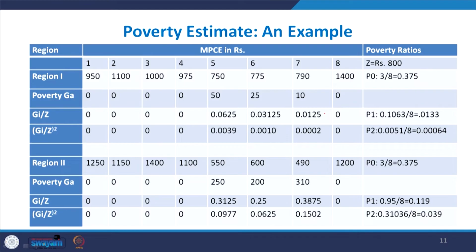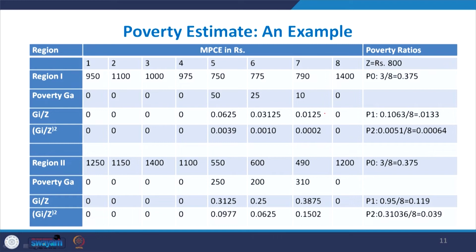And similarly in region second, we have 1250 as the monthly per capita consumption expenditure of the first household, 1150 of the second household, 1400 of the third household, etc. Now, if you want to estimate P0, that is the head count ratio, then you have to consider only those households which have monthly per capita consumption expenditure below the cutoff, and the cutoff Z here is 800.